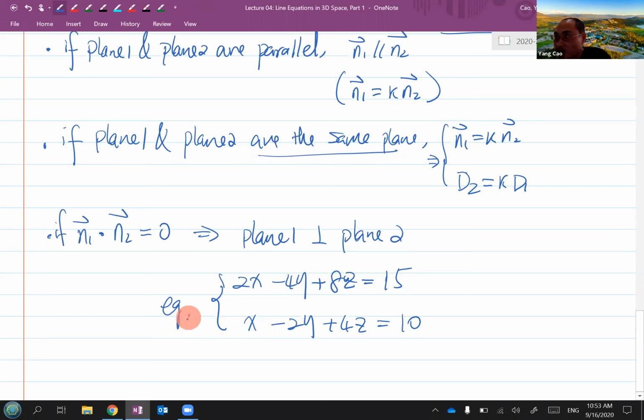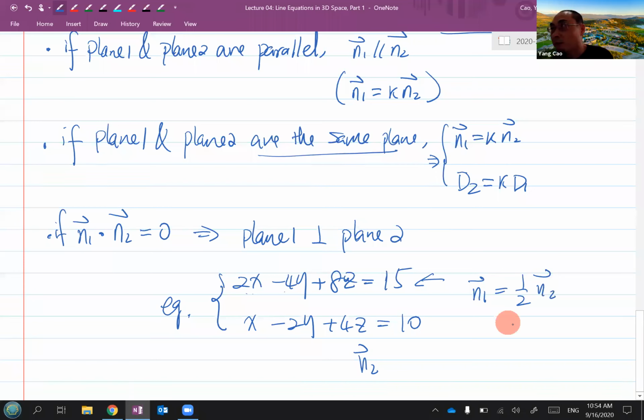I don't have a poll for this. Maybe you can just type it in the chat. Good. All right, so parallel. Are they the same plane? Obviously not. Look at the first equation, the normal vector is 2, -4, 8. The second one is 1, -2, 4. So the key value here is that N1 equals 1/2 N2.